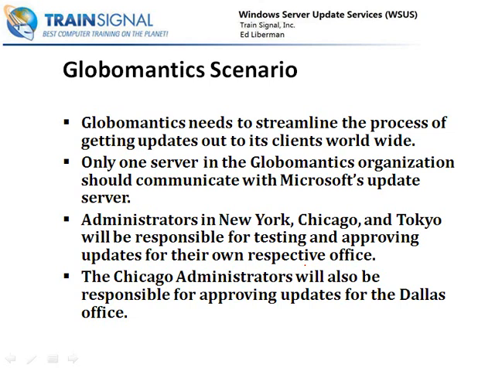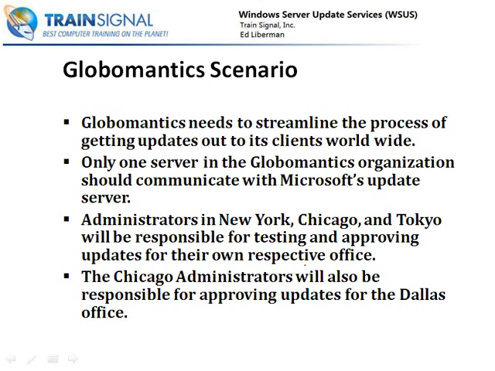But the Chicago administrators will also be responsible for approving updates for the Dallas office. So that means the WSUS server in the Dallas office will probably be set up in replica mode, and we'll just get a replica of the WSUS server in the Chicago office.